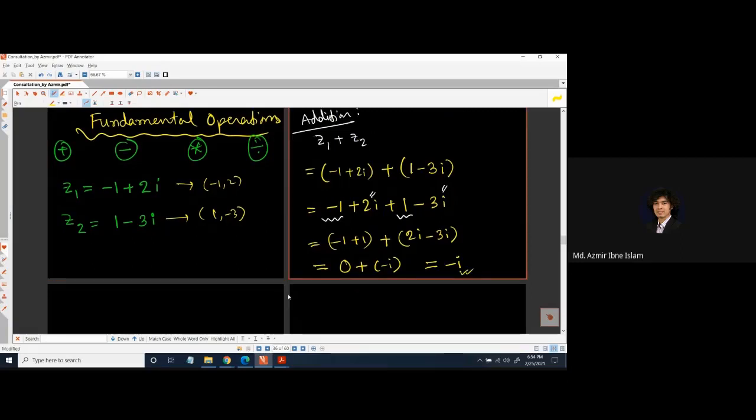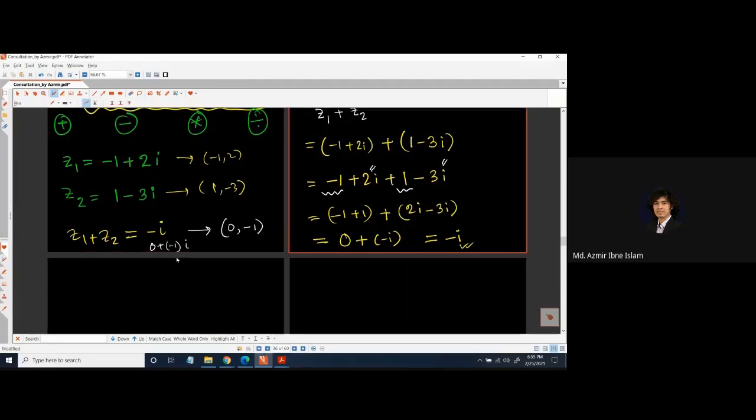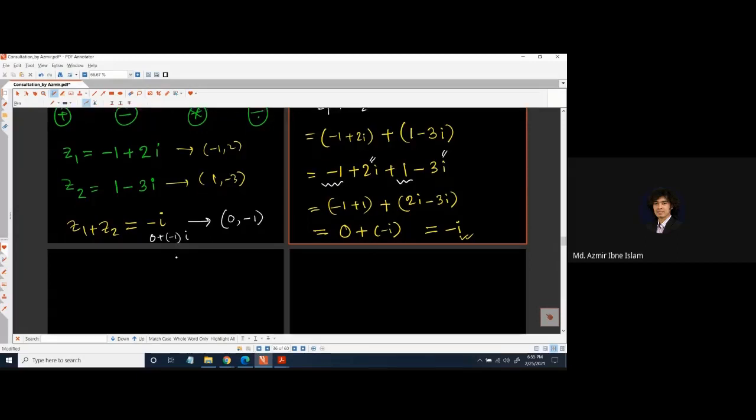So that means Z1 plus Z2 is -i. If we try to write this one in standard form, it will be 0 plus -1i. So we have the point 0 comma -1. That means addition of two complex numbers is a complex number.